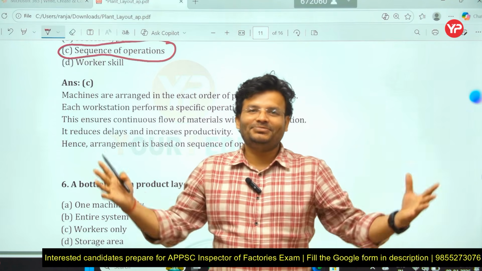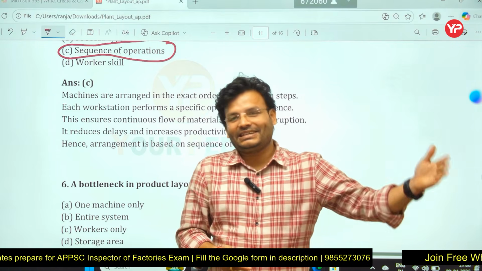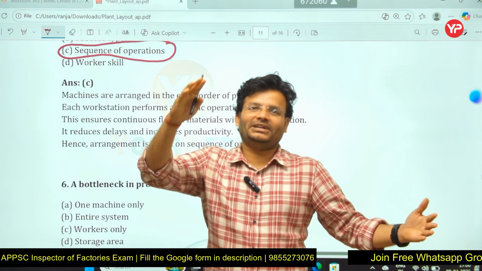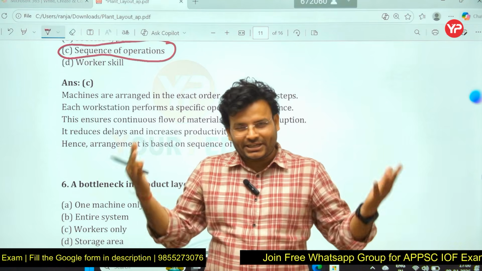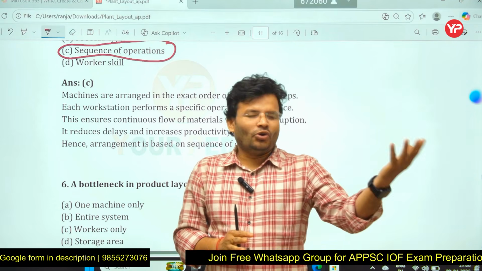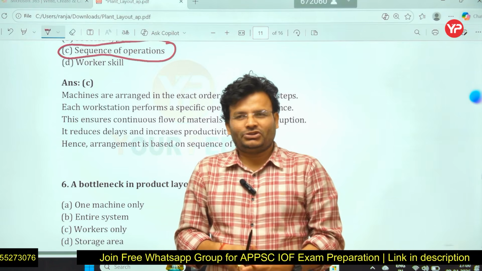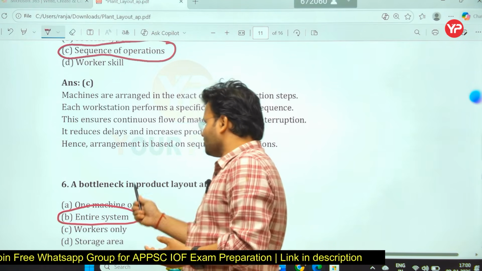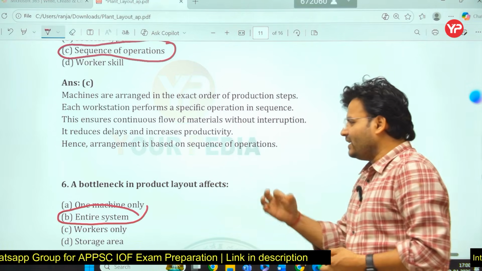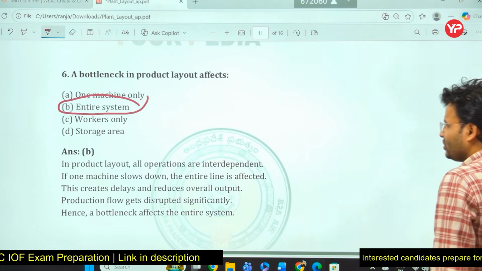Suppose you haven't built a building, a mall, can you start doing plaster? Can you start electrical system installation inside that? No, unless you complete the building, you cannot start electrical work. So the entire work is delayed. So simply we can say entire system. So B for Bombay is the right answer, entire system.